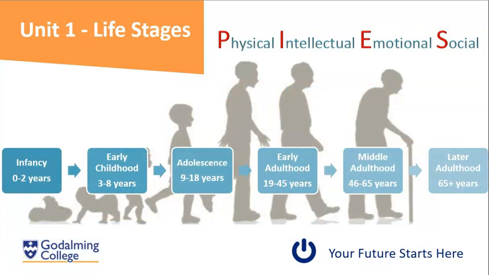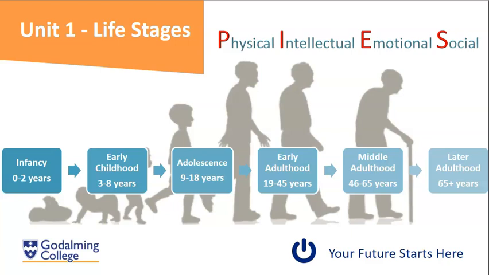So Unit 1 is all about development through the life stages. So we'll look at all 6 life stages, which you can see on screen here, and we'll look at how a person develops during that life stage. We'll look at development in terms of physical, intellectual, emotional, and social development, and how different factors can affect how the individual develops.